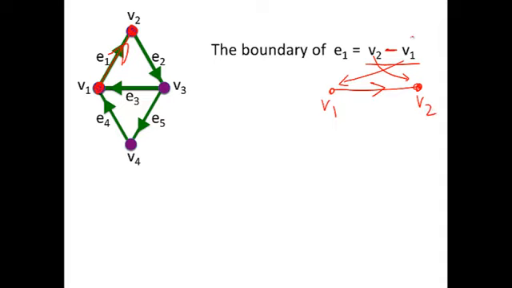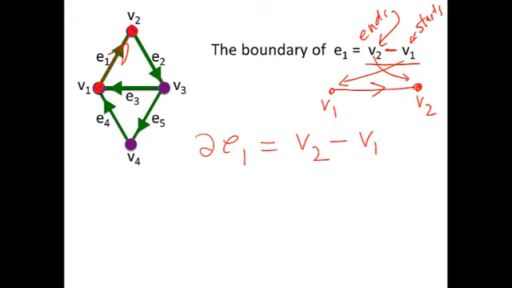We will use shorthand notation to denote boundary. Thus, the boundary of E1 equals V2 minus V1.